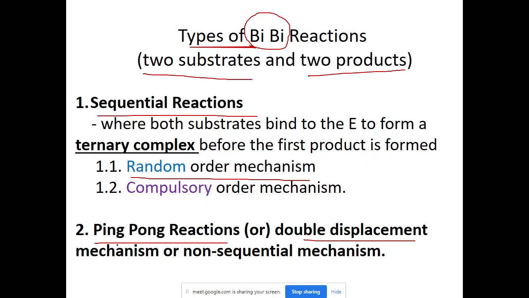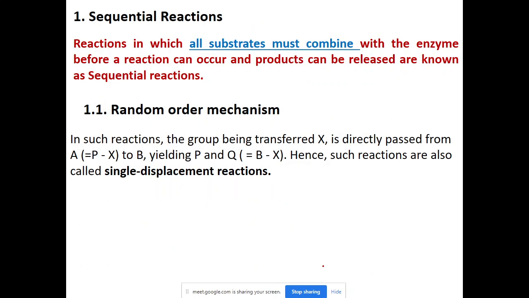The second type is the ping pong reaction, or the double displacement mechanism, also known as the non-sequential mechanism, which means there is no sequence being observed. So this is called ping pong. We shall see the detail later. When we talk about the sequential reaction, all the substrates must combine with the enzyme before the reaction can occur and products can be released.